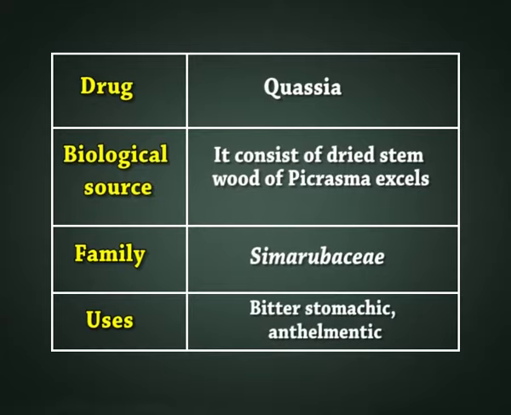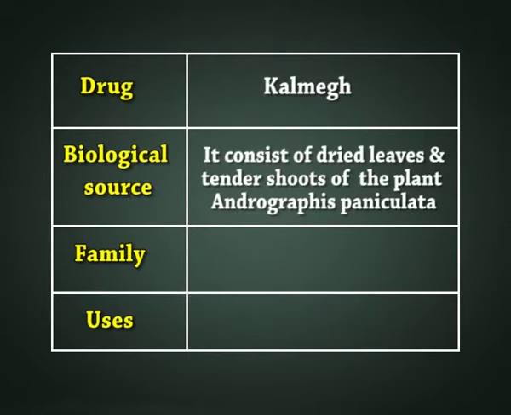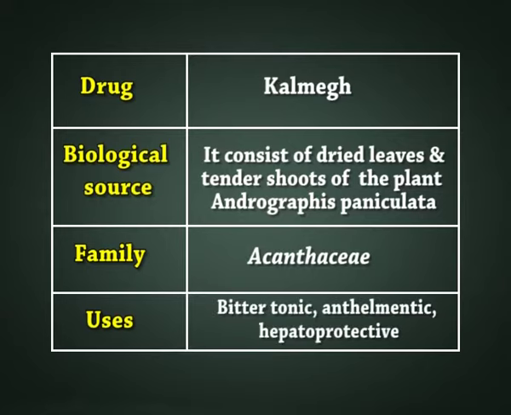And then we have the most important, known as Kalmegh, which consists of the dried leaves and tender shoots of the plant Andrographis paniculata from the family Acanthaceae. These are not only used as a bitter tonic and anthelmintic drug, but are also very strong hepatoprotective agents.